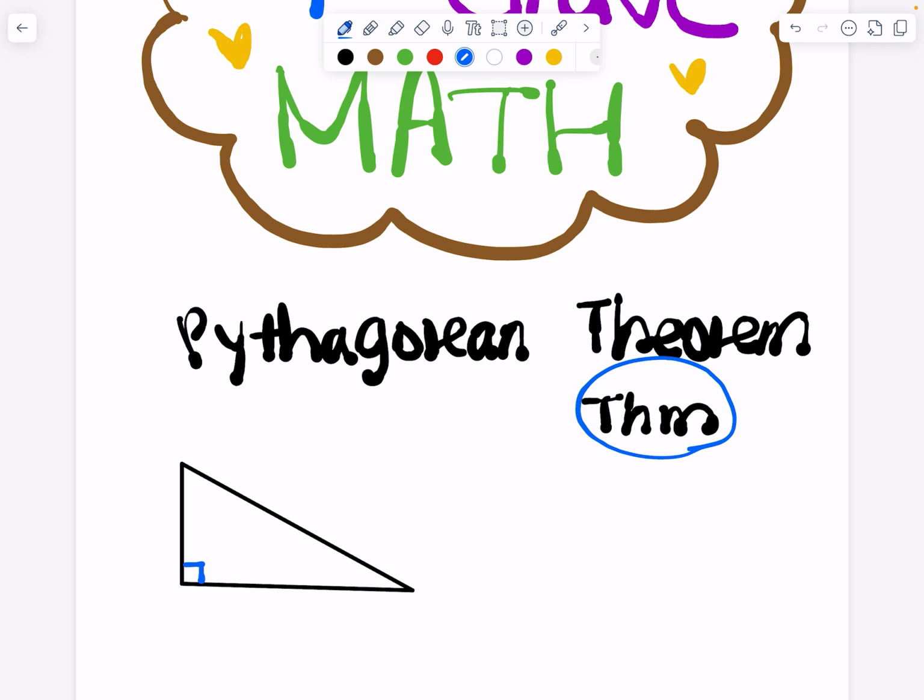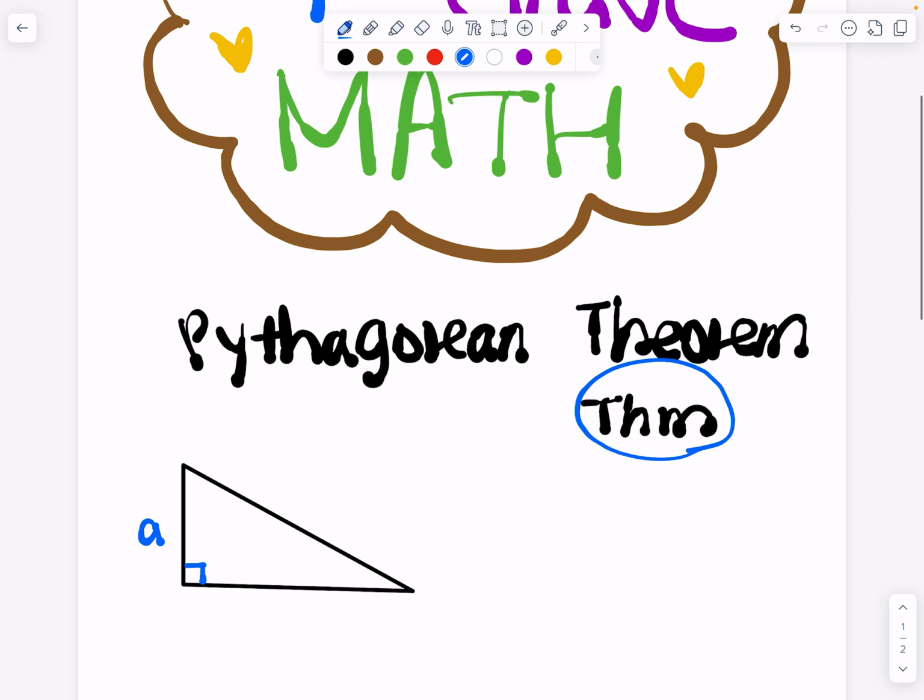Let's label the legs A and B. The side on the opposite side from the right angle, where the other two angles are just acute angles, right? The side sitting right across from the right angle, we call the hypotenuse.